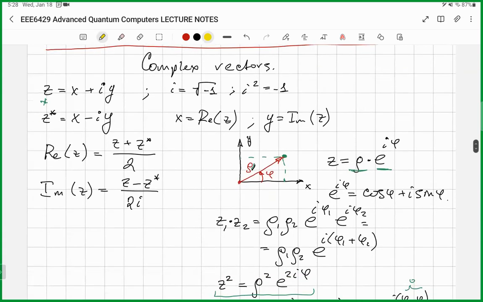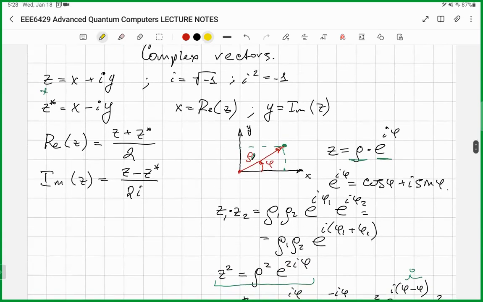Well, then we introduced complex numbers and complex vectors, because for our quantum applications, you probably know that in quantum mechanics all these projections will be complex numbers, so we have to work in the complex space.